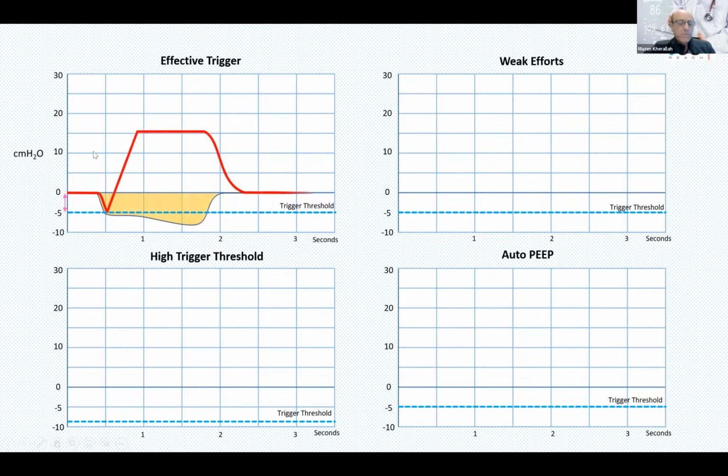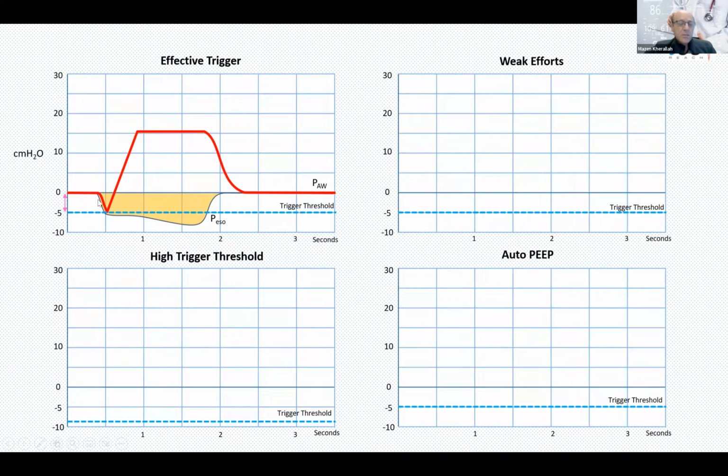So if the patient started to breathe, what you see in the light orange color here is the esophageal pressure, and the red solid color is the airway pressure.